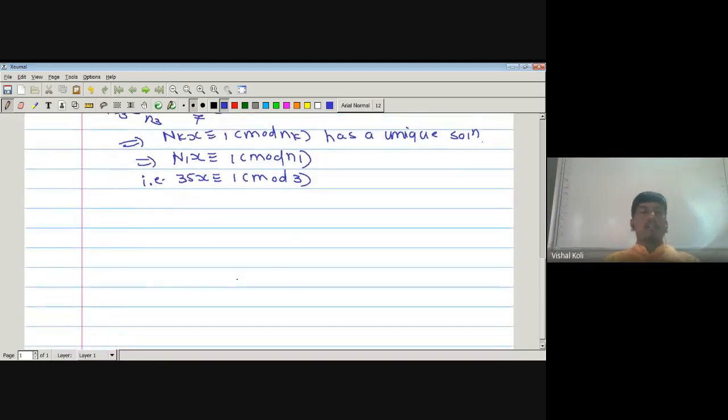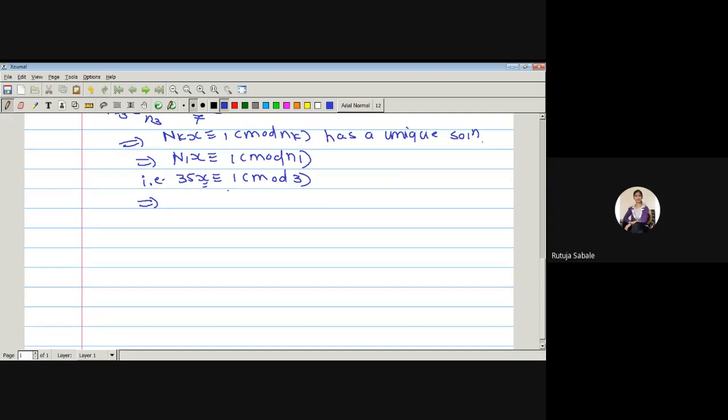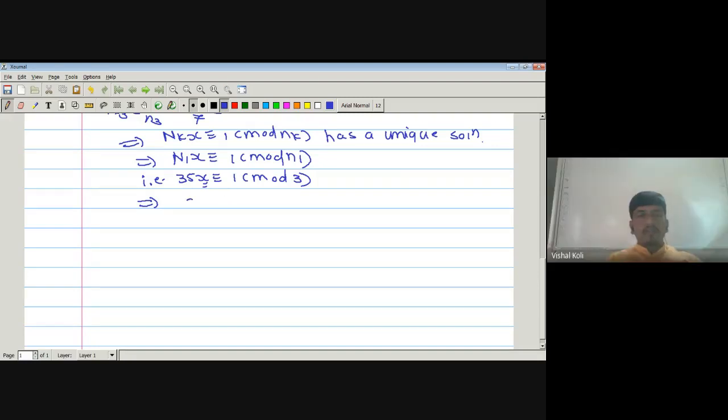Either we take the values of x as 1, 2, 3, 4 and so on, or we convert this 35 under modulo 3. What should be the value of 35 under modulo 3? Divide 35 by 3. What is the remainder? 2. So 2x congruent to 1 modulo 3.